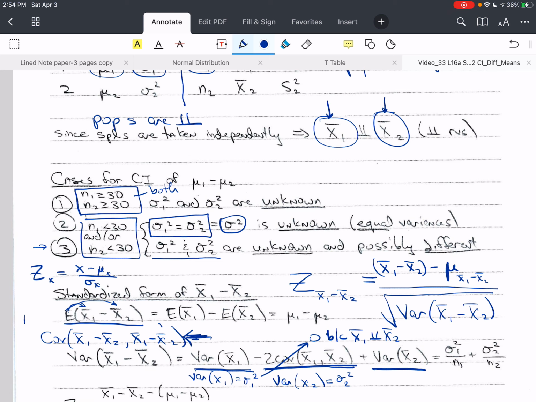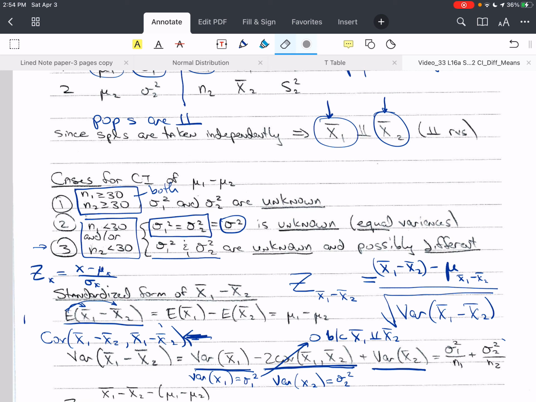If we're taking the variance of a mean, remember it's sigma squared over n. So in this case, it's sigma 1 squared over n1, and for the second one, it's sigma 2 squared over n2. So this is the variance of x bar 1 minus x bar 2.